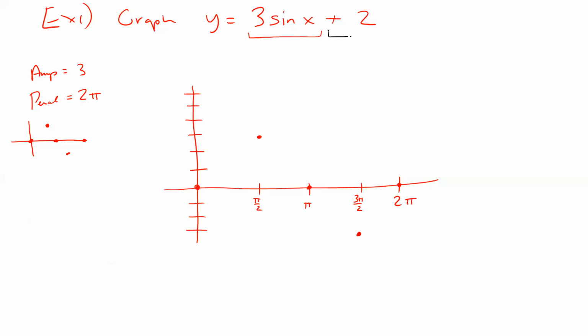Perfect. Now I'm going to add in my vertical shift, or my phase shift, any which way I need to do. That is now up 2 units here. This guy goes up 2 units as well. Up 2 units. There it is.